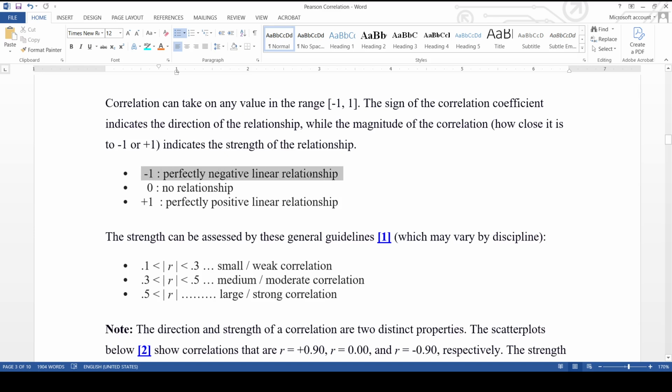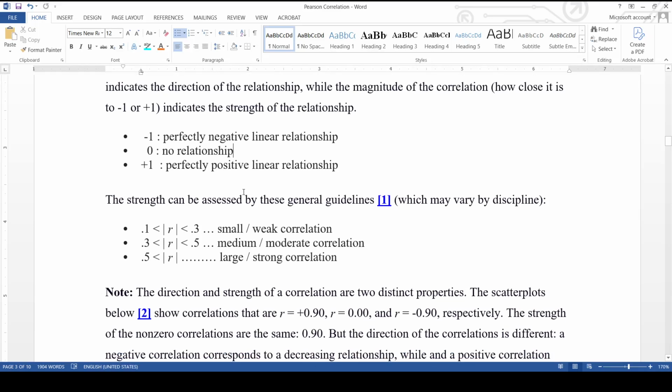And I've told us reasons why we can have a negative linear relationship. And when we have zero relationship, it means there is no relationship at all. And I'm going to ask us a few questions on that in the next minute so that we can drive this home. And when we have plus one, we have perfectly positive linear relationship. When do we have this? We will see as we also move along the discussion.